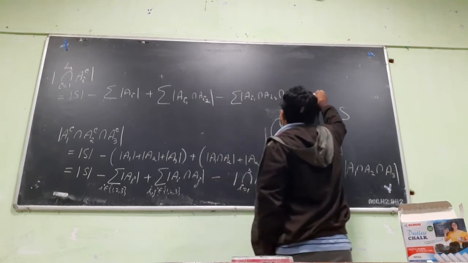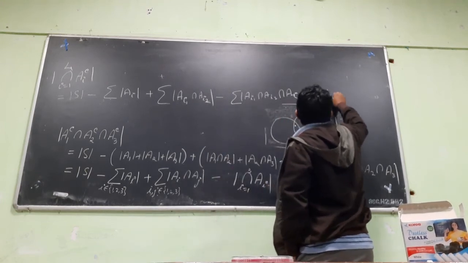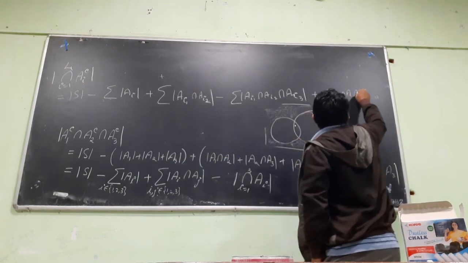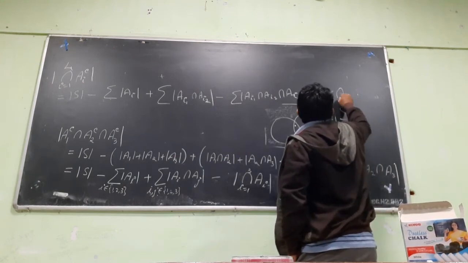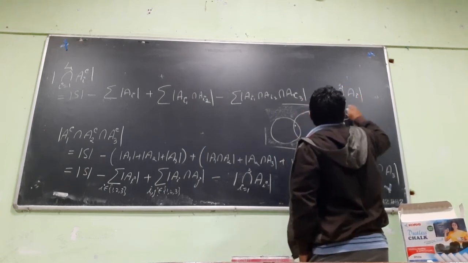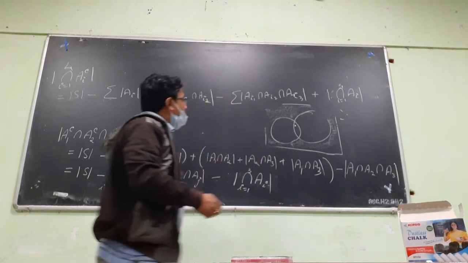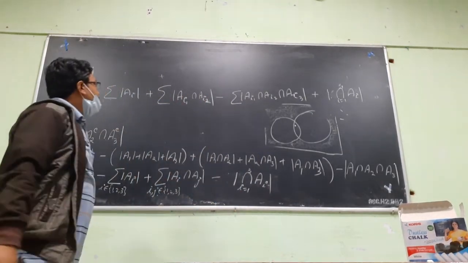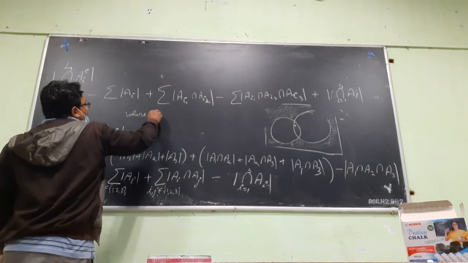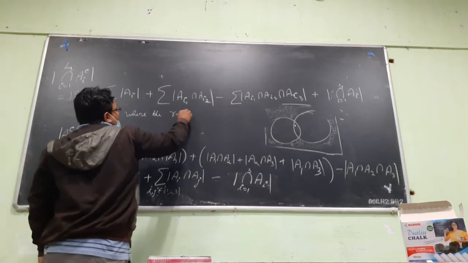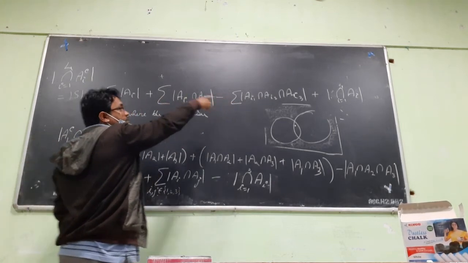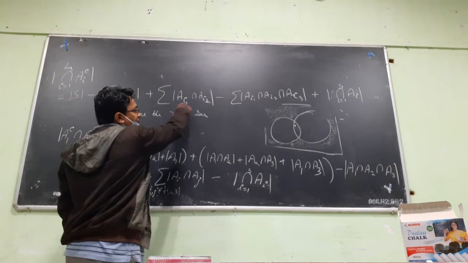And then the last one will be plus the number of elements of the intersection of Ai, i goes from 1 to 4. So this is exactly the formula. Here there are 1, 2, 3 summations: first summation, second summation, third summation.